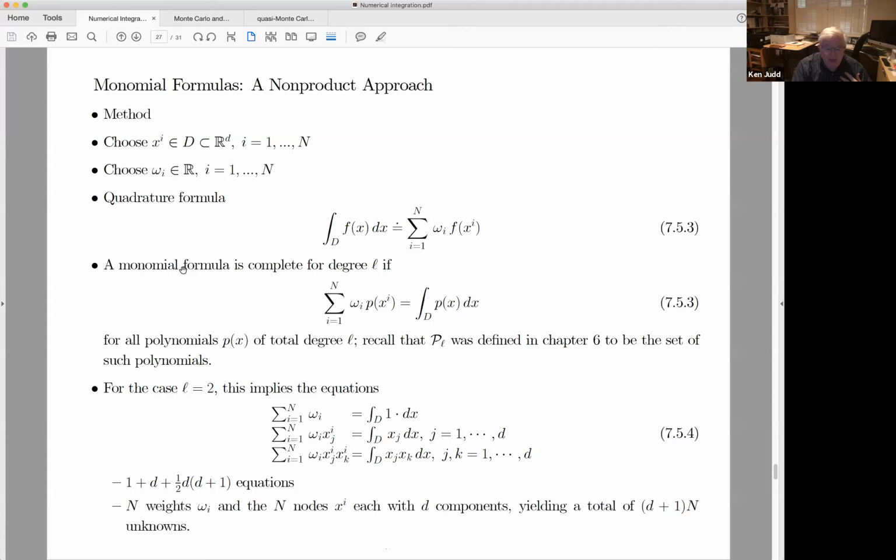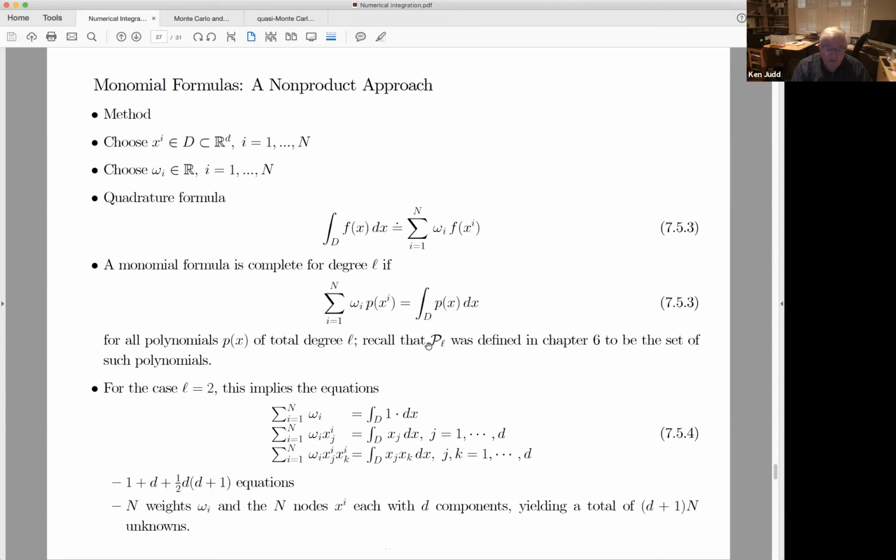Now, a monomial formula is complete for degree L if the omega i's and the x super i's, points in n-dimensional space, add up and exactly integrate polynomials of total degree L.